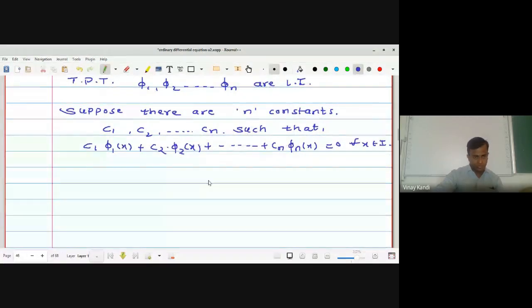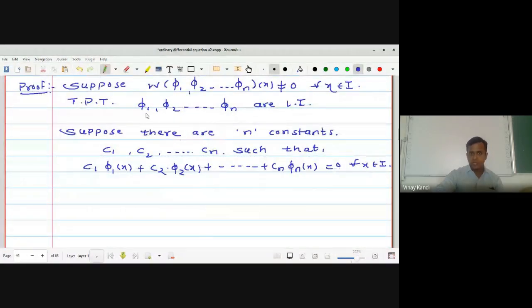I have to prove that phi 1, phi 2 up to phi n are linearly independent. For this, we consider C1 phi 1 plus C2 phi 2 up to Cn phi n equal to 0. If all the coefficients of phi 1, phi 2 up to phi n, that is C1, C2 up to Cn, are 0, then we say that these are linearly independent.